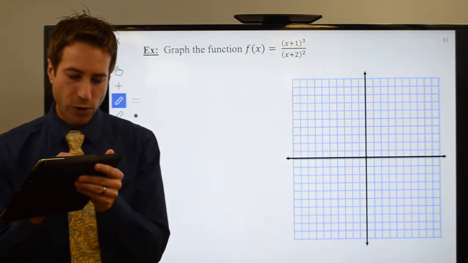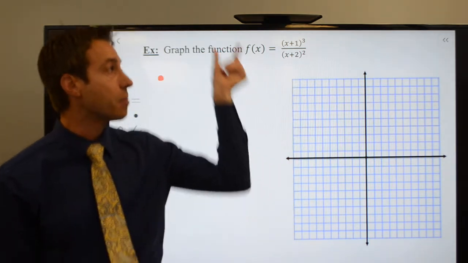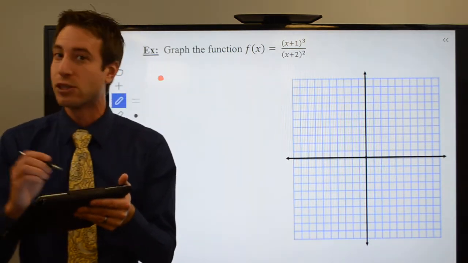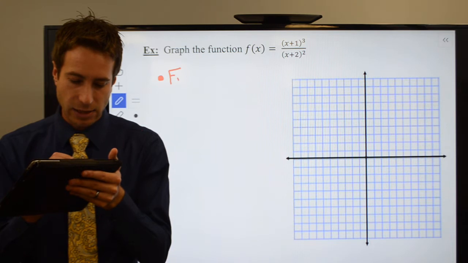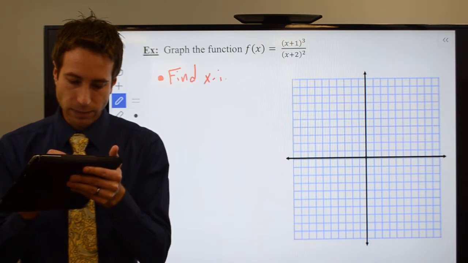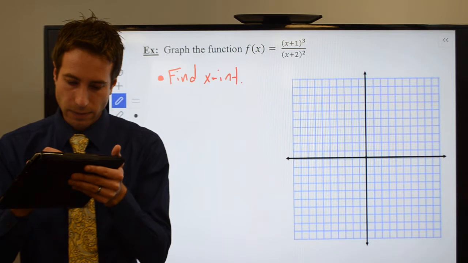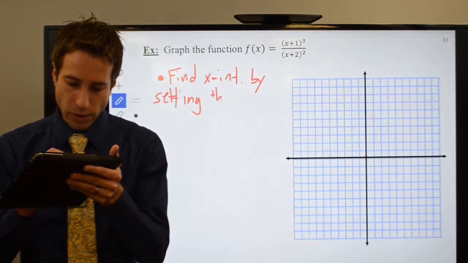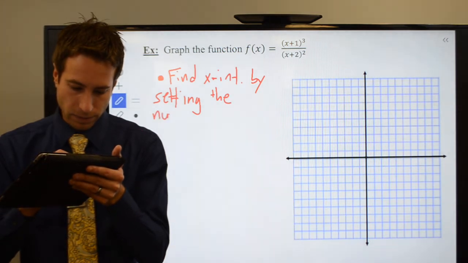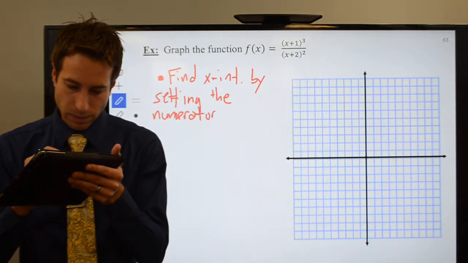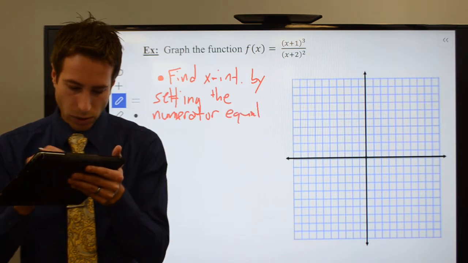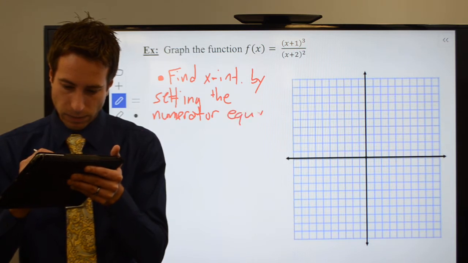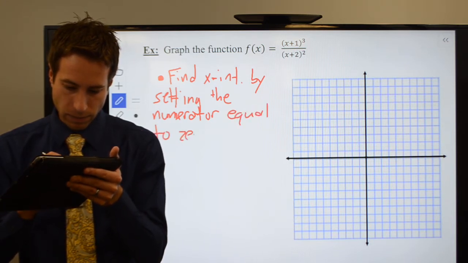So just another quick note for you here, because of the way the rational functions work and having to multiply the denominator to the other side where there's a 0, for these rational functions you can find x-intercepts by setting the numerator equal to 0.